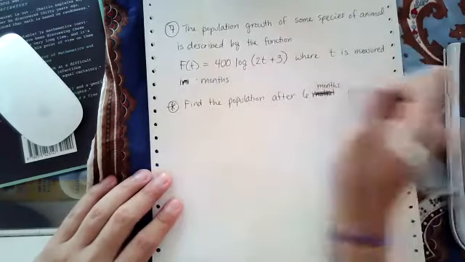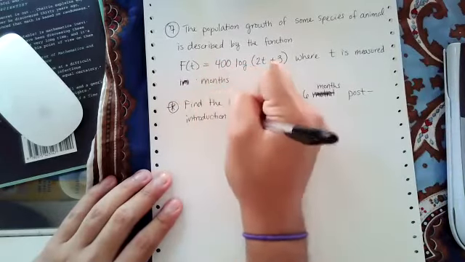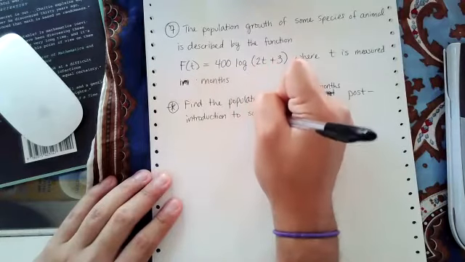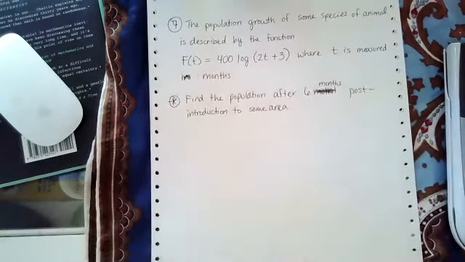Post introduction to some area. Okay, so find the population after this species has been introduced to an area after 6 months. So having read the problem and maybe needing to read the problem once more, can anybody tell me how we would go about solving this problem?